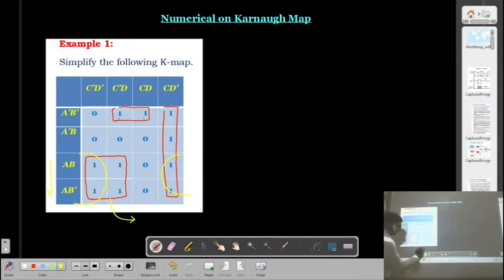It is not changing, so a will be there, and b is going to be complemented, so it will be eliminated. Now if you move in this direction, then c dash is going to remain unchanged, and here d dash is going to become uncomplemented, so it is going to change.